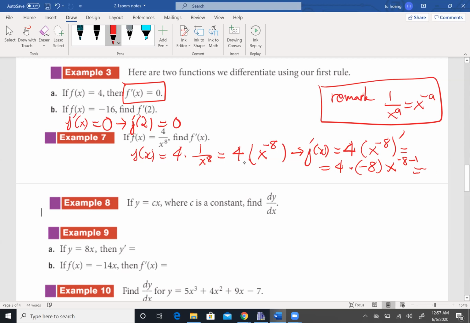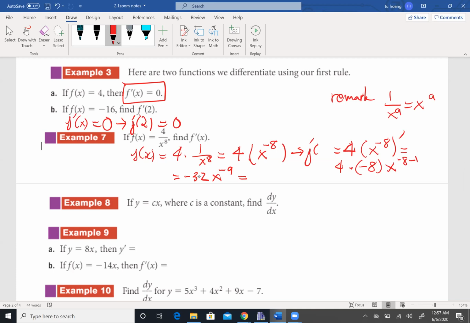You know what? I need some more space, so I'm going to get down here. So I'm going to put equal to -32 times x to the power -9, right? And if you don't want to have a negative power, you can change it to positive by taking the reciprocal of that.